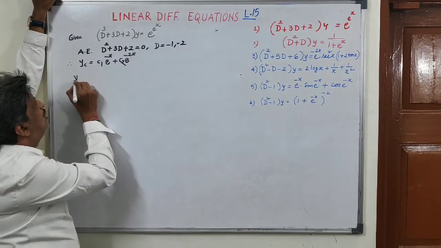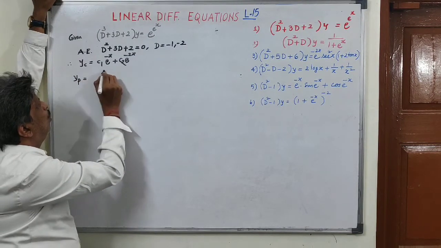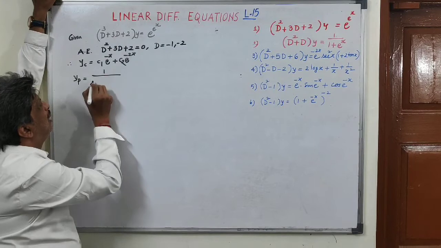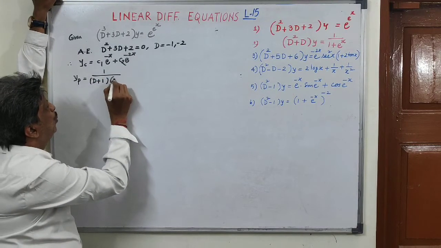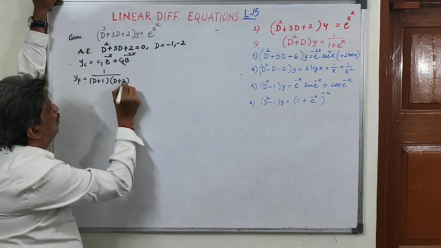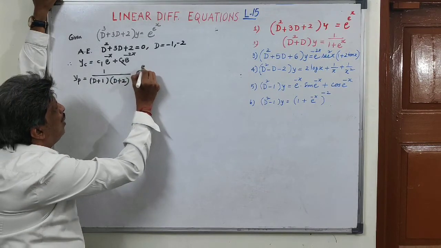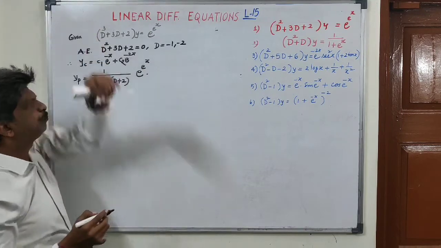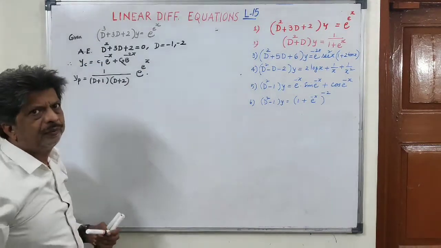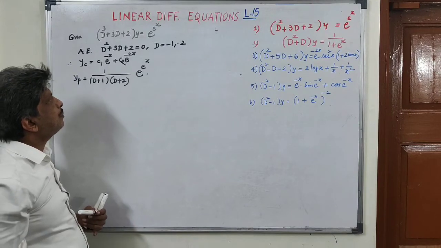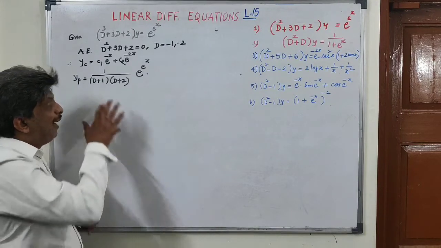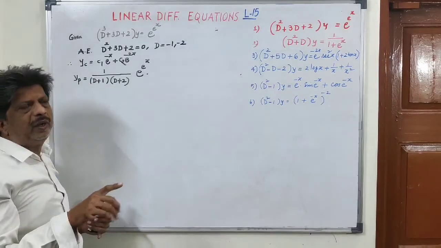Now, YP. This is important. 1 upon f(D), which is (D plus 1) into (D plus 2), into e raised to power x. Here, this step is important.